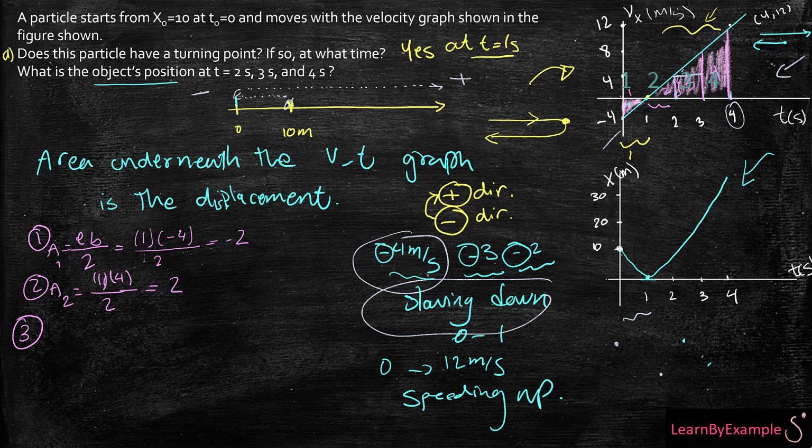For area number 3, I can actually break this part into a square and a triangle here. So I have two shapes. For my area 3, I would have area 3A and area 3B added together. The side of the square is just 1 here and 4 here. So the area of this square would be 1 times 4.